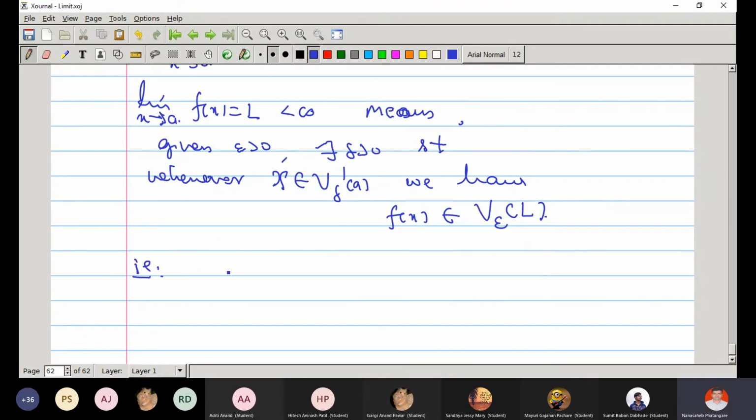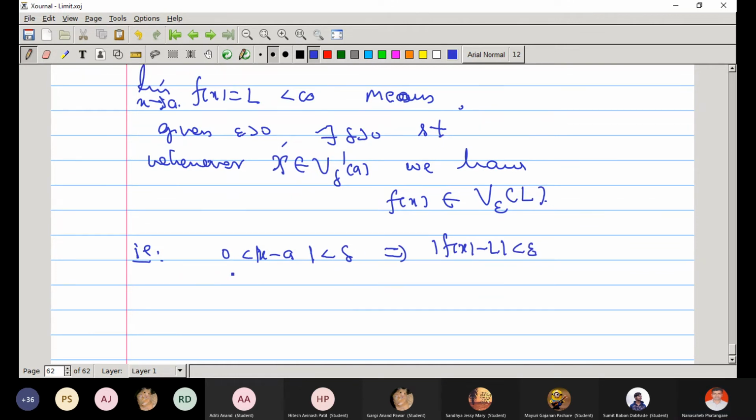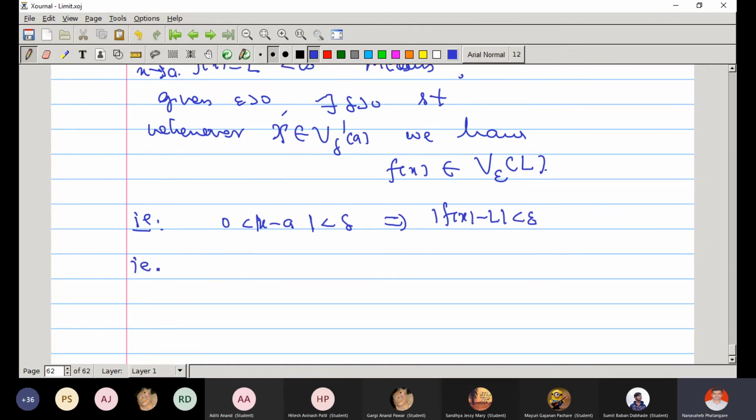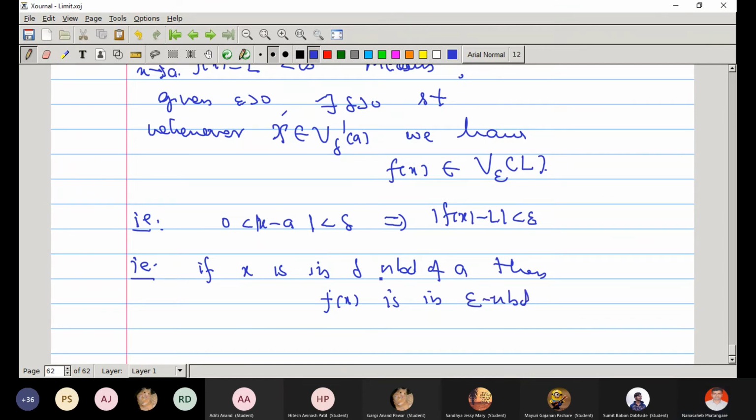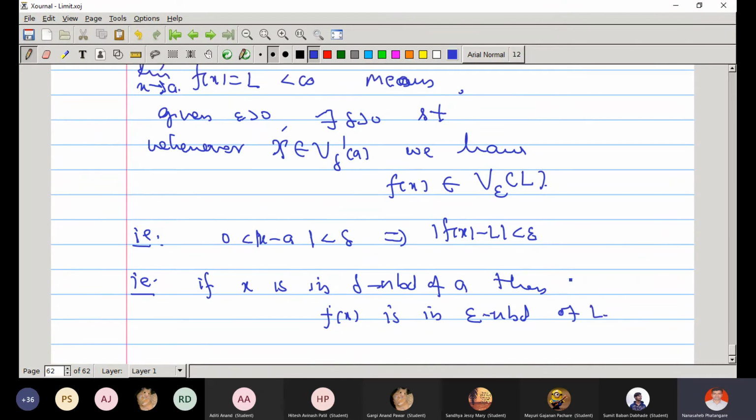That is the same as whenever distance of x from A is less than delta, then distance of f of x from L is less than epsilon. This amounts to saying that if x is in delta neighborhood of A, then f of x is in epsilon distance of L. So same thing.